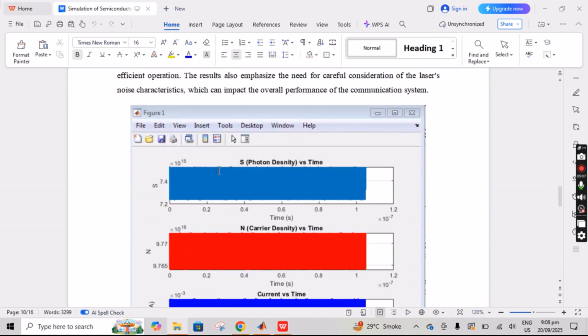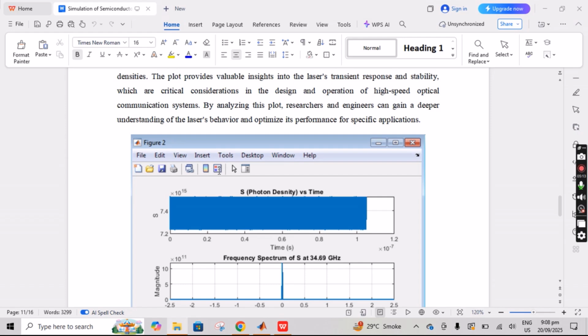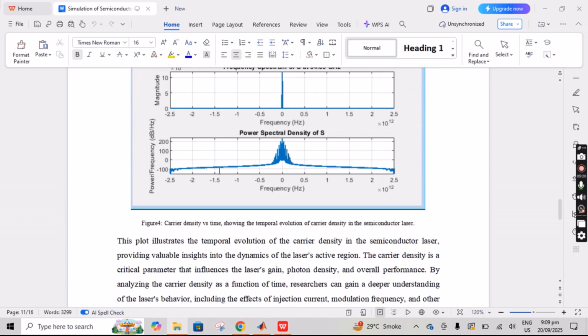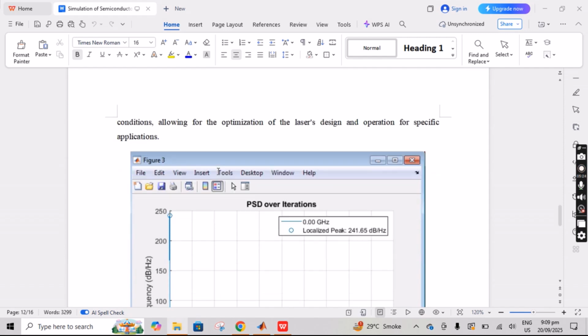Implications of different photon density versus time, carrier density and current versus time, as well as the photon density and frequency spectrum at gigahertz values. These are the output results according to the MATLAB simulations over iterations.